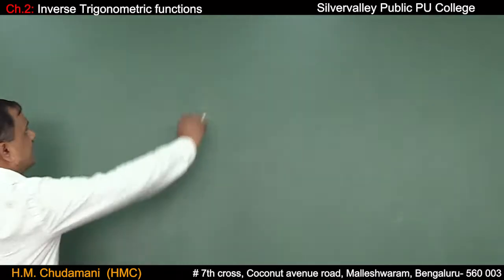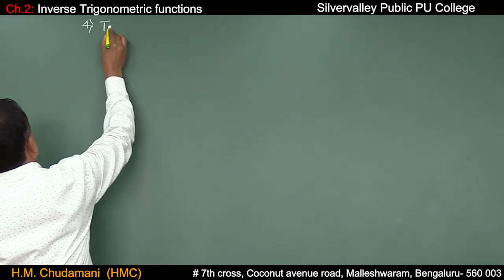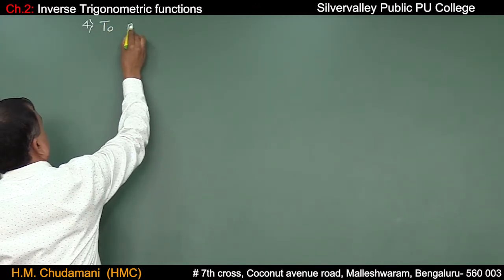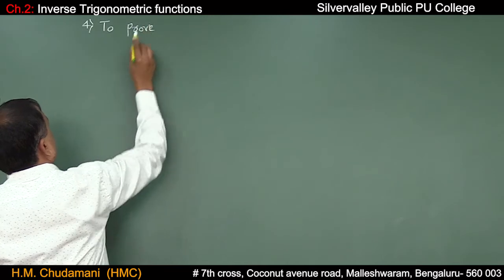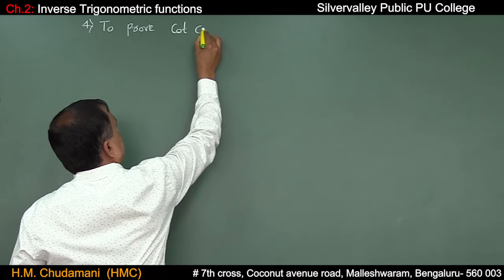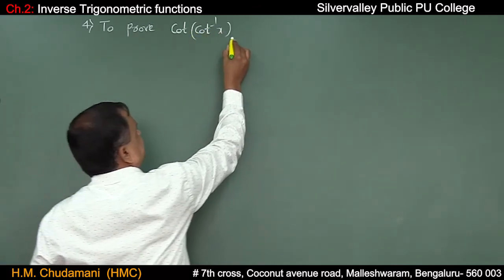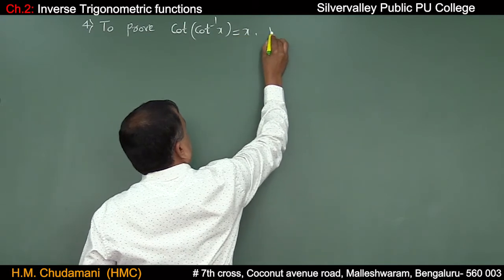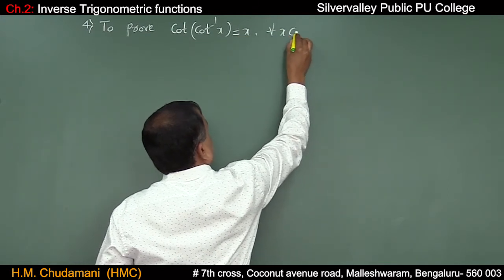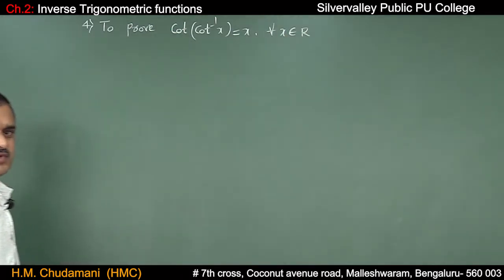The fourth one, to prove cot of cot inverse x is equal to x for all x belongs to the real numbers.